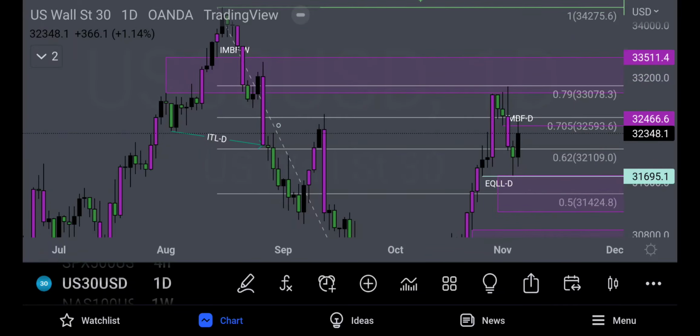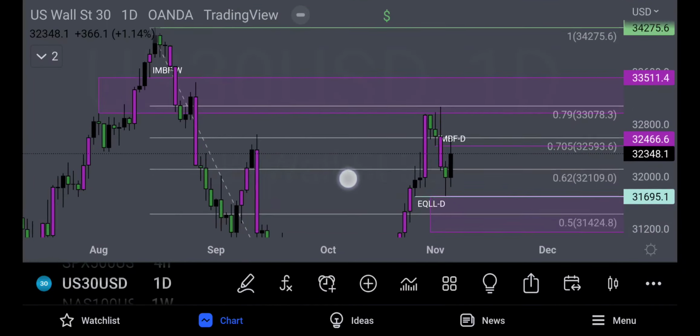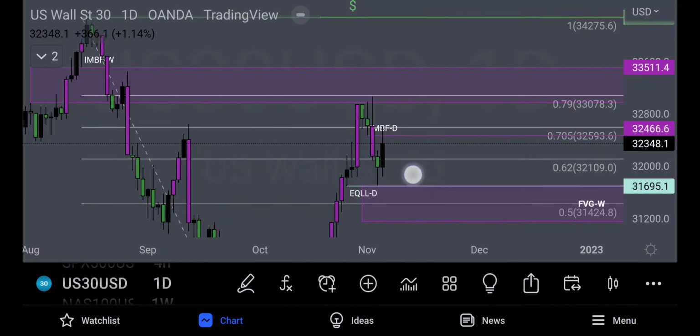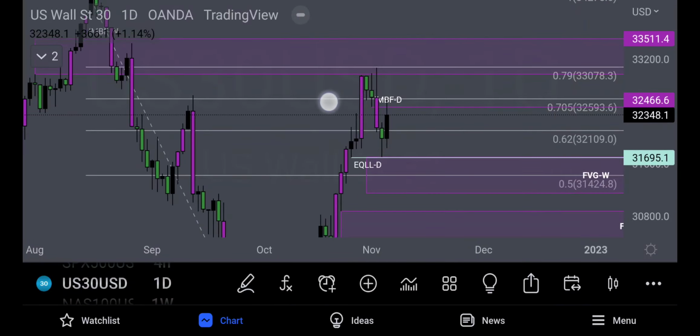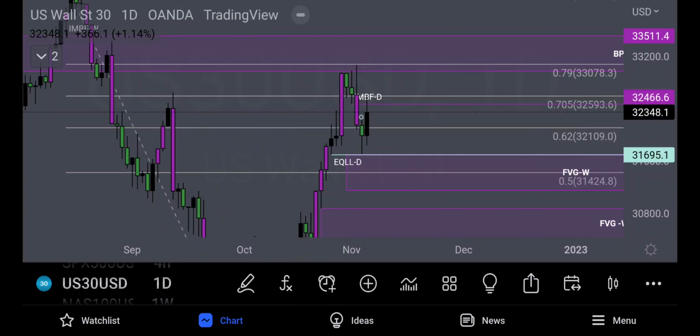So that's previous price action. Now, current price action. Again, we see that this week we tapped into this weekly BPR, and now we're pushing down. Now on the daily, what happened?